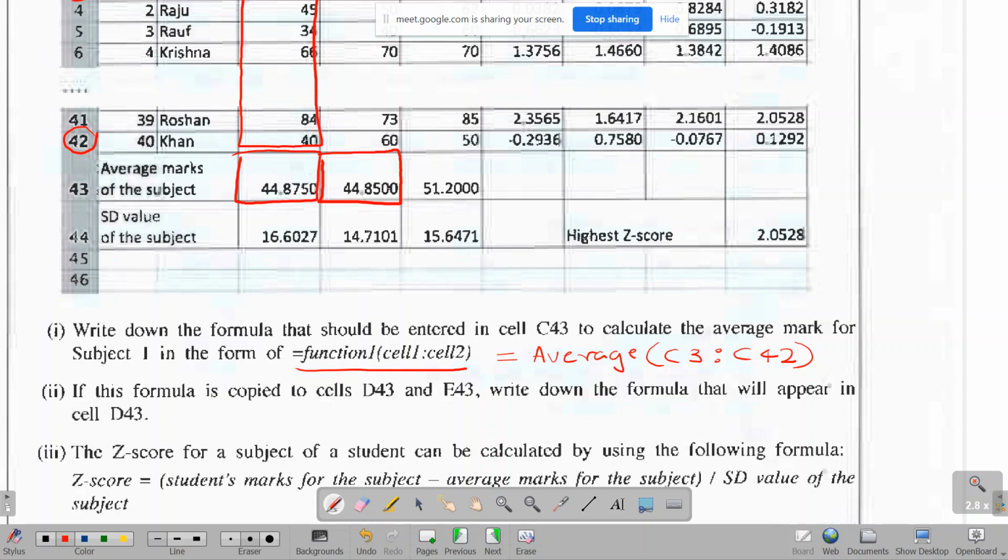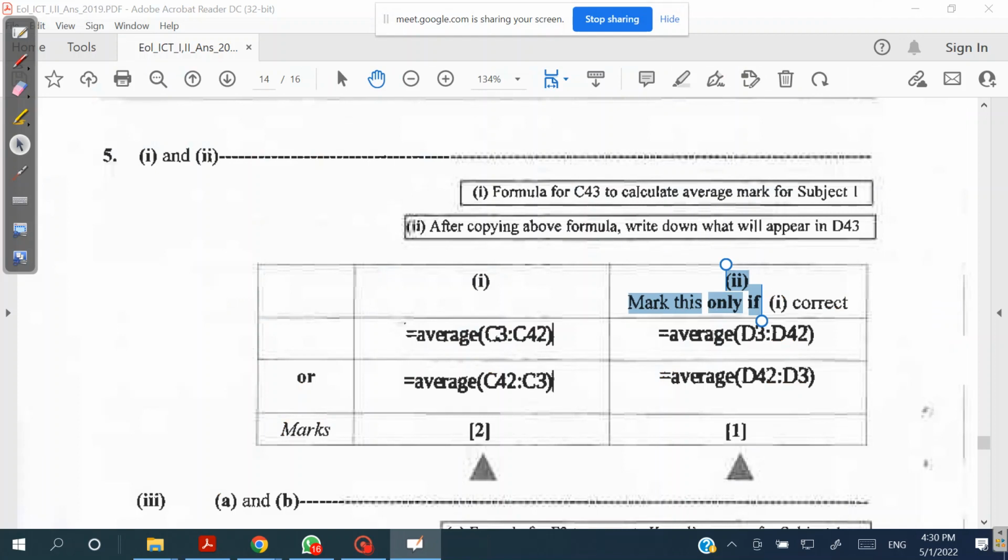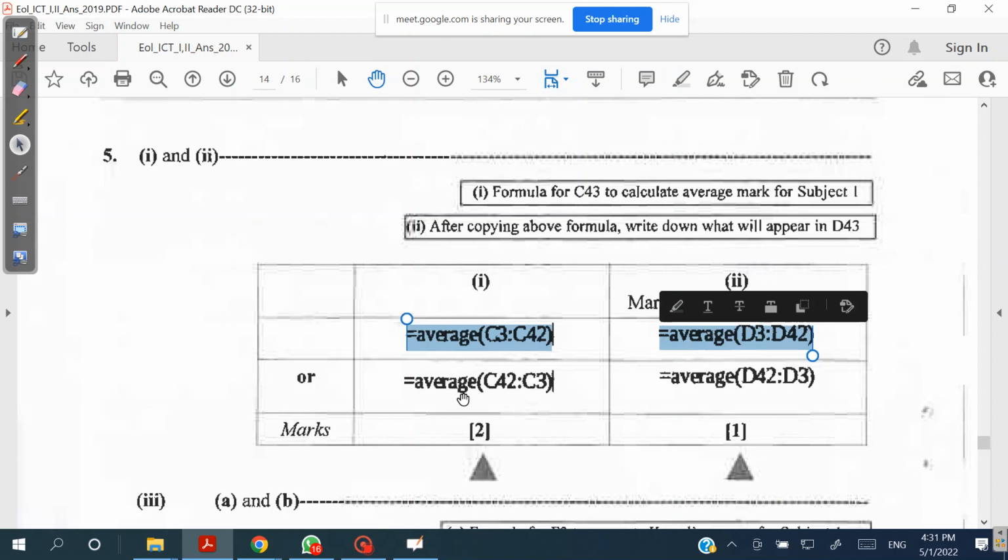So it's going to be equal average D3 colon D42, right? And I'll show you something important. Look at what they have said. Marks this only if one correct. Right? So 2 marks for the first part, Roman number 1, and 1 mark for the second part.